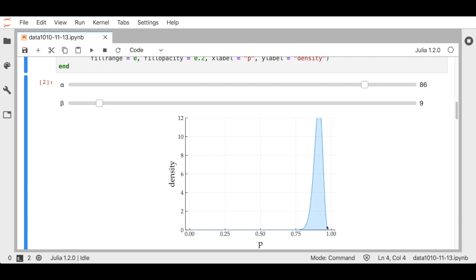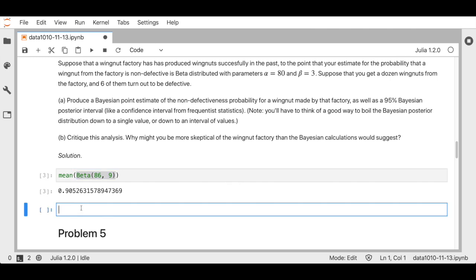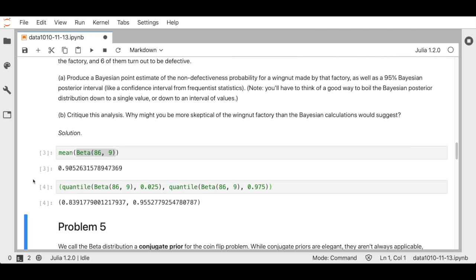Many people feel that the term confidence interval is very closely wedded to frequentist reasoning, and so they use different names for this interval when you're doing Bayesian statistics, such as a Bayesian credibility interval or a Bayesian posterior interval. But in any case, we can get that value just by computing quantiles of this distribution. So we get a point estimate of 0.905 and a 95% posterior interval of 0.839 up to 0.955.